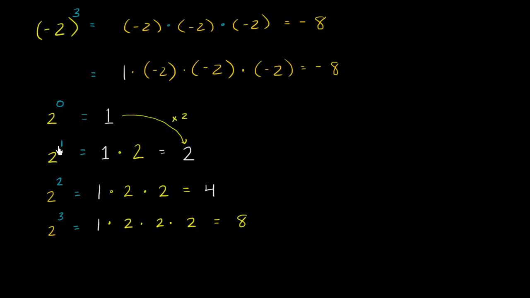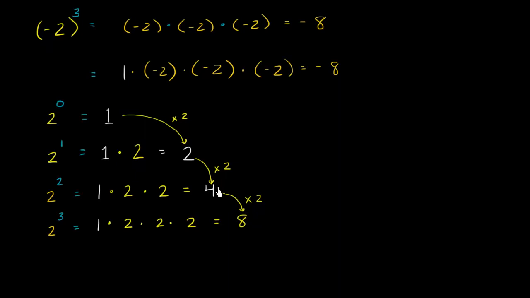And then to go from 2 to the first power to 2 to the second power, we multiply by 2 again. And that makes complete sense because this is literally telling us how many times we are going to take 1 and multiply it by this number. And so when you go from 2 to the second power to 2 to the third, you're multiplying by 2 one more time.